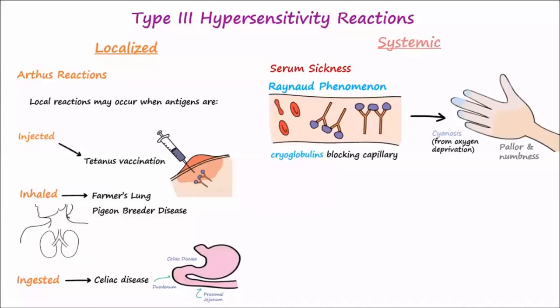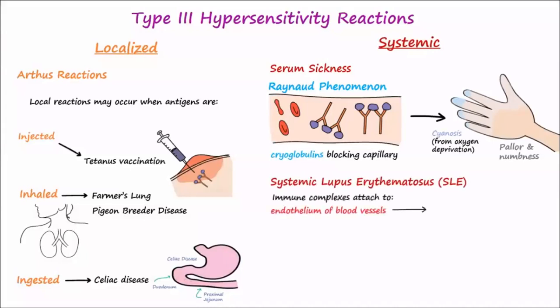Systemic type 3 hypersensitivity reactions can also be seen in autoimmune diseases like lupus, where large numbers of immune complexes attach to the endothelium of blood vessel walls, causing vasculitis, and can lodge especially in the glomerular capillaries of the kidneys, causing acute glomerulonephritis.